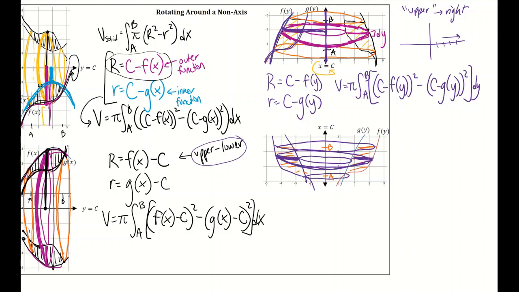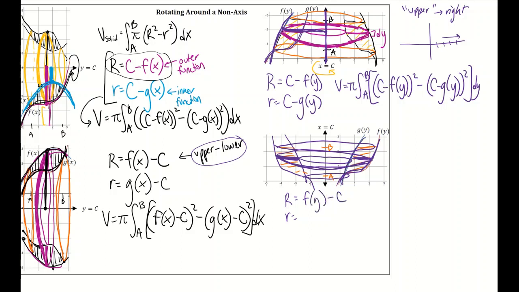So big R and little r. Again, it's going to be upper minus lower, but since quote unquote upper is to the right in this case, that's going to be f of y. F of y is more to the right than x equals c. It's the quote unquote upper function. So it's going to be f of y minus c.